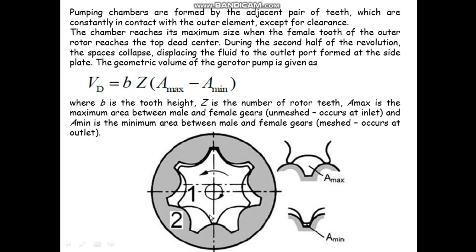So this is how it is shown: the maximum contact area between male and female gear is there in the half revolution of the rotating shaft, and the minimum area available between the male and female gear is shown here, which occurs at this part, in the other half of the revolution of the shaft. So this is how the pumping chambers are created with the maximum area, the liquid is carried, and it is delivered where the area becomes smaller.